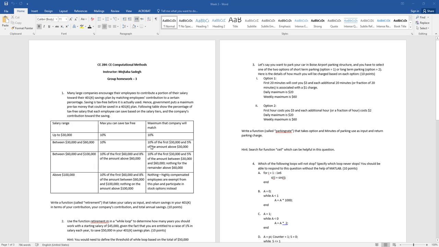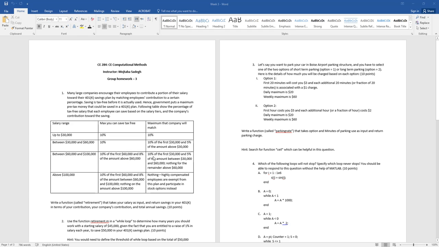Company will pay 10% of the first $30,000 and 5% of anything above $30,000. Between 60,000 and $100,000, 10% of the 60K you can save tax-free, and 8% of whatever is above 60K.